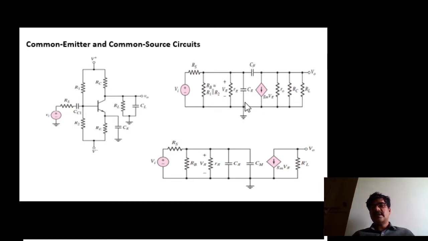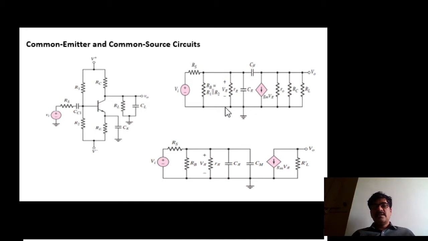Up to this is the transistor equivalent circuit. In addition to this, at the output you have RC resistor and RL resistor in parallel, whereas at the input R1 parallel to R2 is called RB resistor, and Vs is as it is along with its internal resistance.